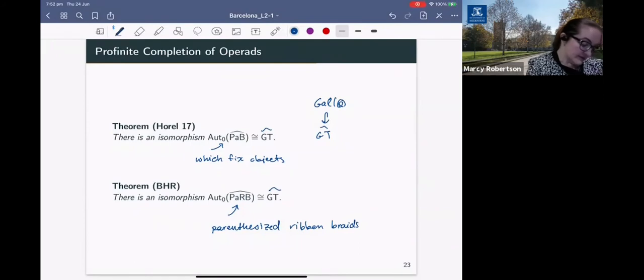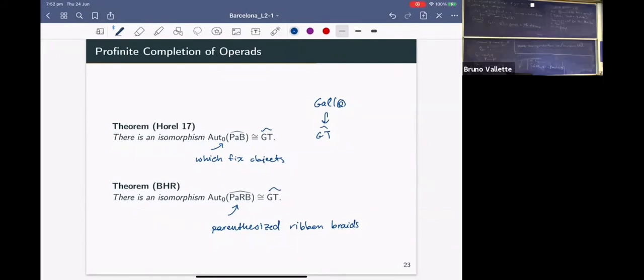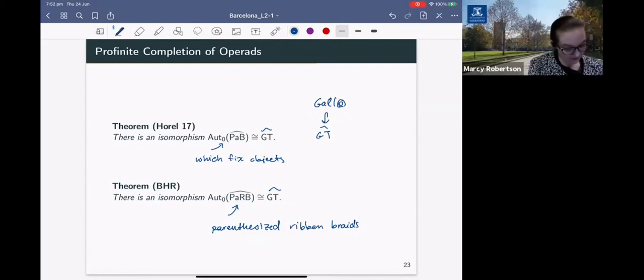All right, so this is using the fact that profinite completion behaves well with products for groupoids. But we actually want to look at what happens in spaces, when we take the classifying space of this.